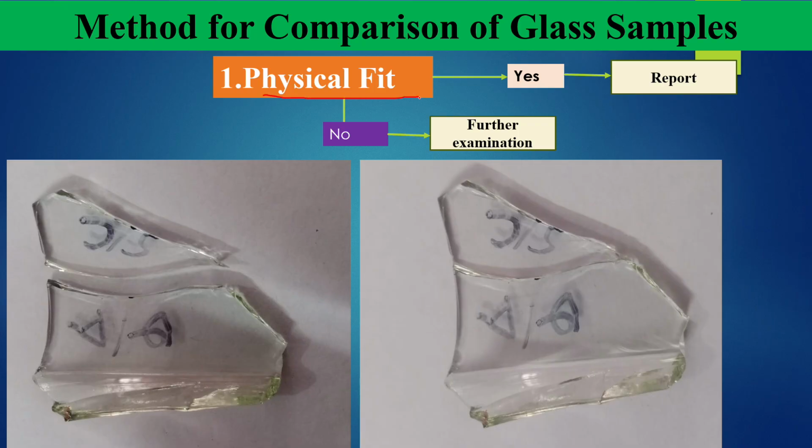If two samples, one collected from the scene of crime, the questioned sample, and the other a control sample, are able to fit together physically like this, then we can report the case and give a concrete opinion: this questioned glass piece belongs to this control sample, or these came from the same source, or this questioned glass sample is a part of this class.